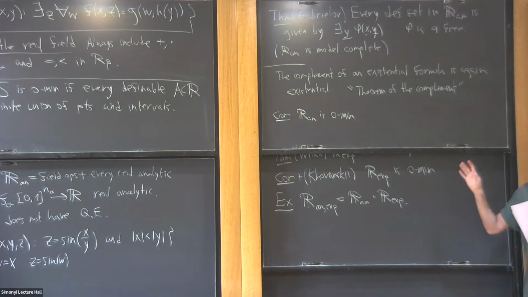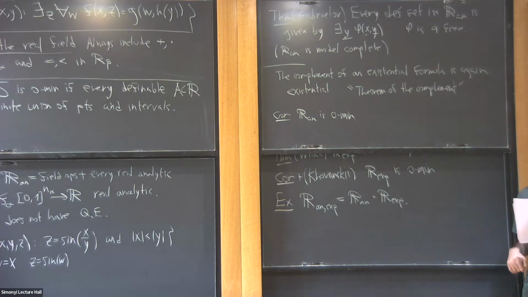I should say that there's also a proof by Lion and Rolin that I like, which is much more geometric. By now there are other proofs that are geometric, but they're still not constructive. If you give a computer a formula and ask it for a formula for the negation, it's not clear that this can be done. Is it computable?